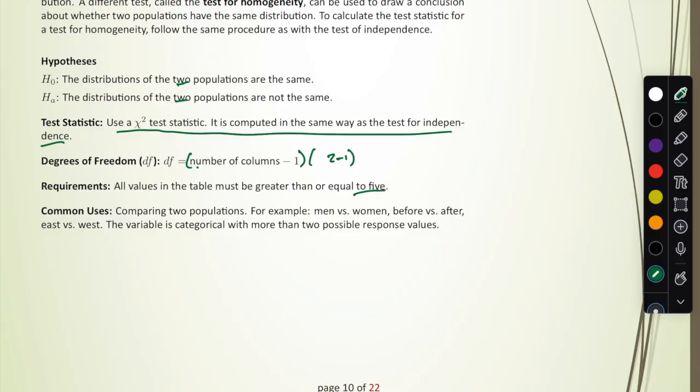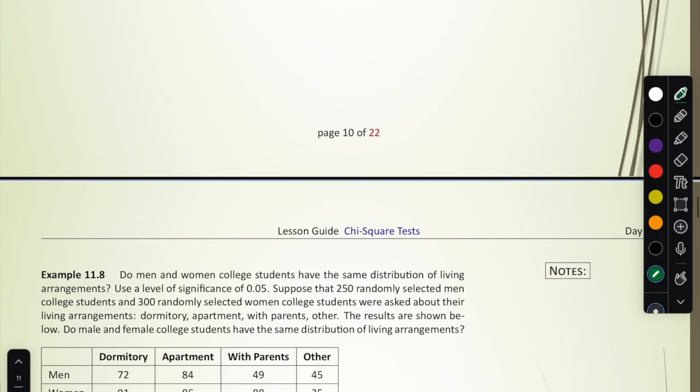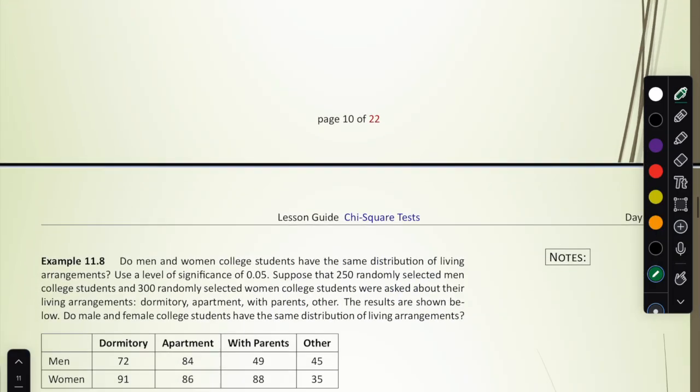That's not exactly true. It needs to be all values in the expected that need to be greater than or equal to 5. If you have an observed frequency that's less than 5, that's okay, just so long as the expected is greater than or equal to 5.